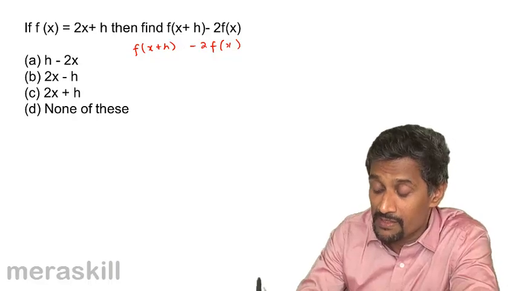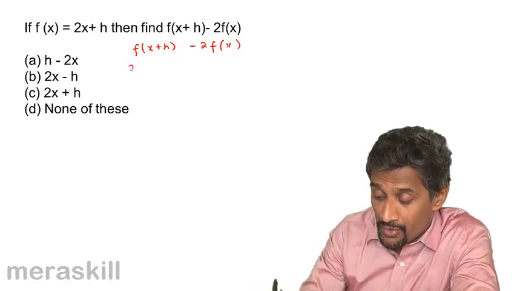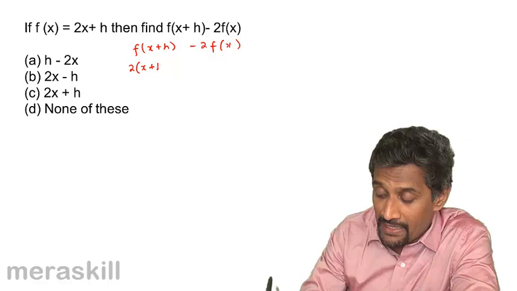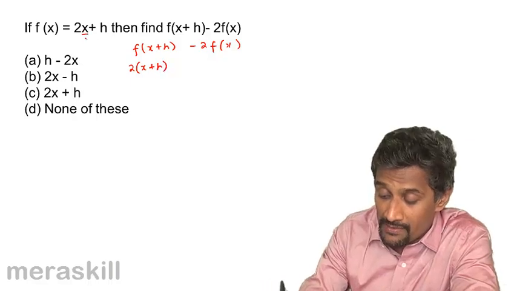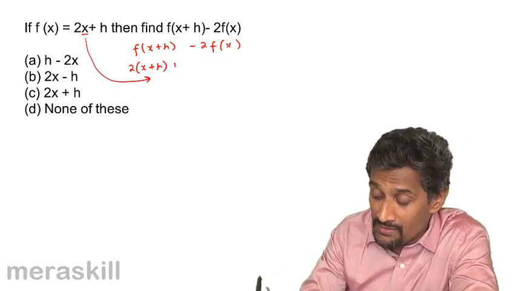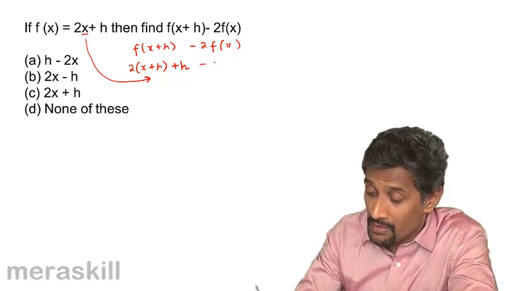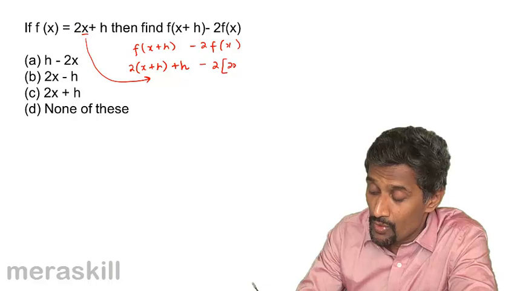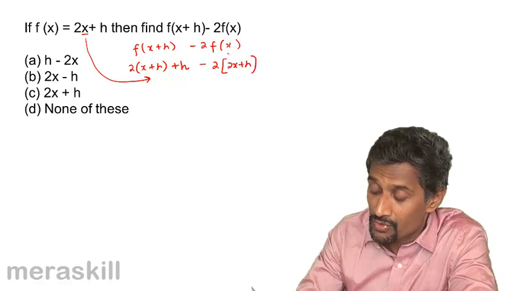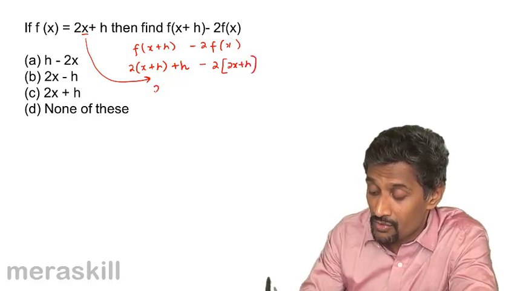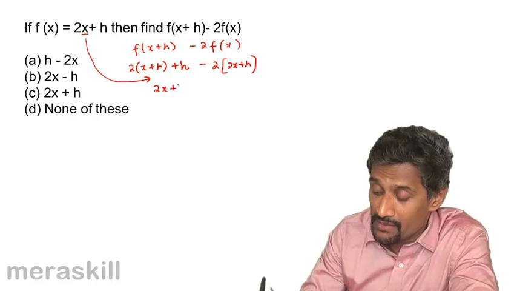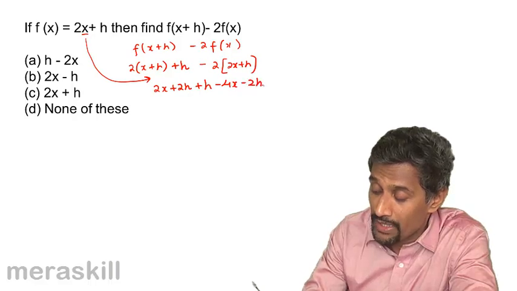Now f of x plus h will have 2 times x plus h, that is, instead of x, you're putting x plus h, plus there is an h, minus 2 times f of x, which is 2x plus h. Opening the bracket gives you 2x plus 2h plus h minus 4x minus 2h.